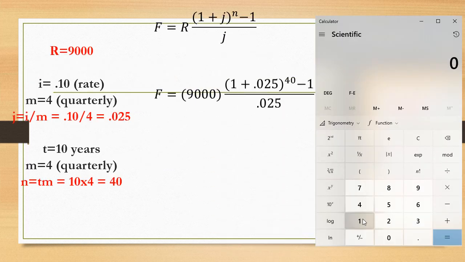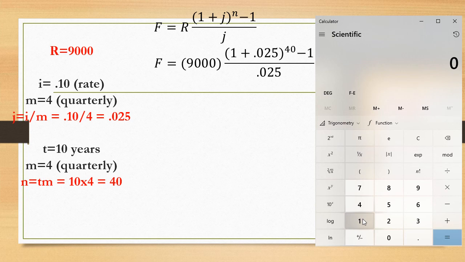By substitution, we will have F is equal to 9,000 because R is 9,000, times 1 plus 0.025, our J is 0.025, raised to N, raised to 40, because our N is 40, minus 1, all over 0.025, which is also our J.